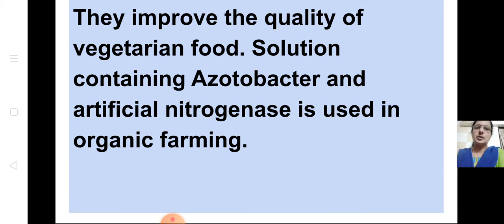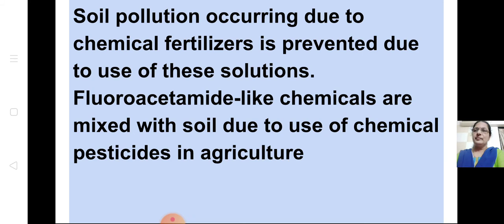So we all now prefer organic food. How is it nutritious? Because of all these methods. Okay. Soil pollution occurring due to chemical fertilizers is prevented due to the use of these solutions. We learned last year itself.